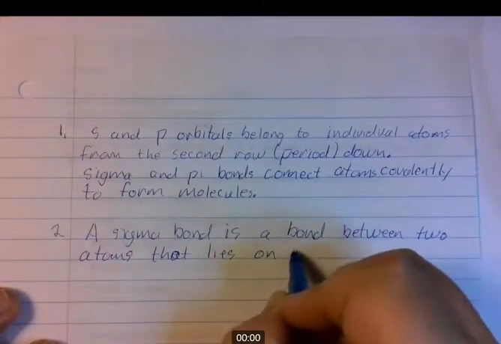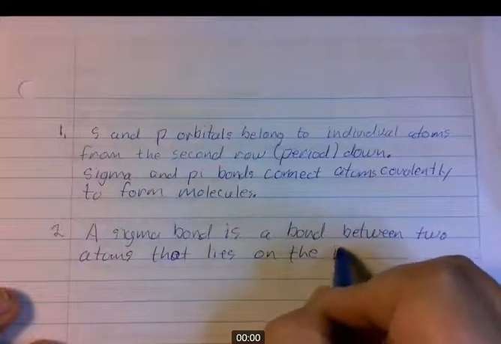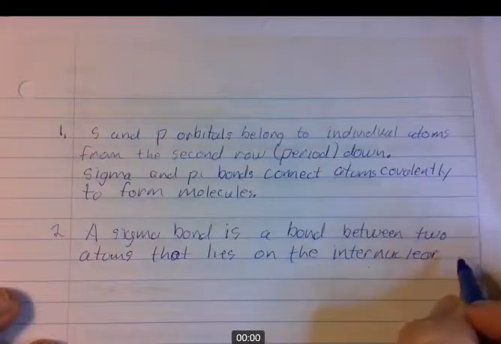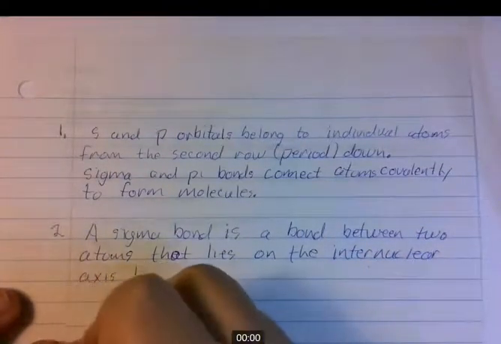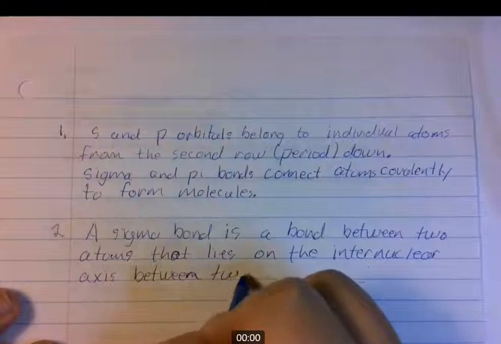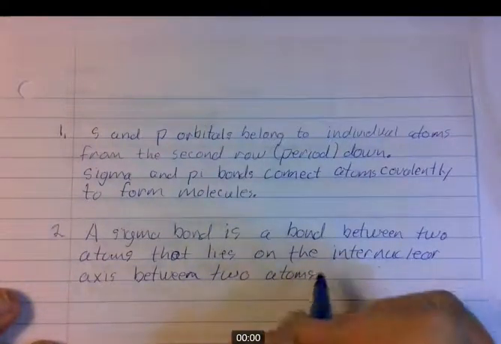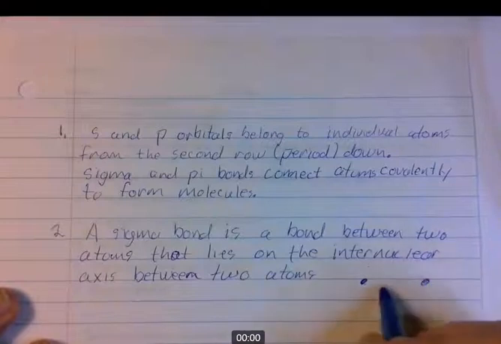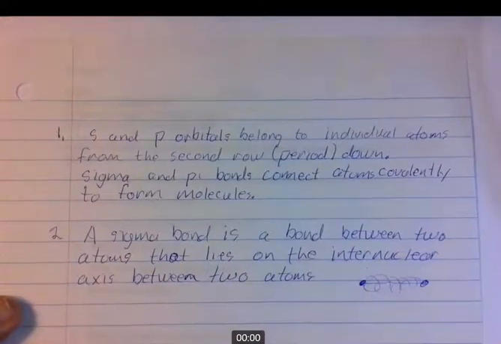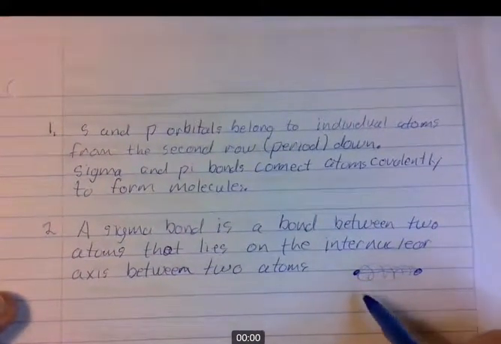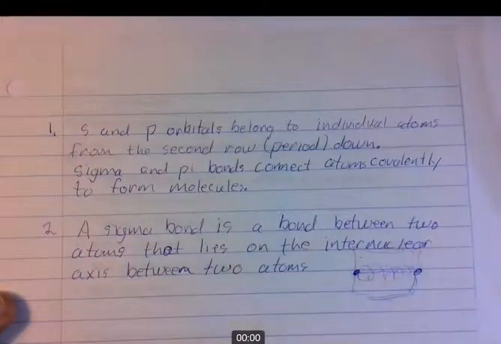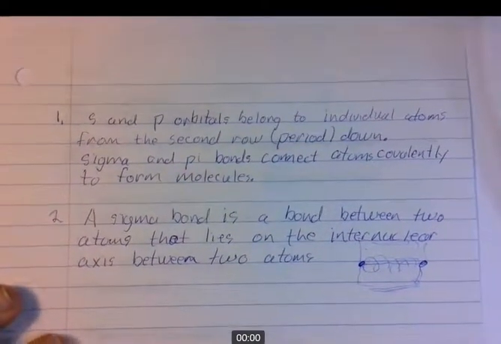And that axis is called the internuclear axis. So if this is a nucleus and this is a nucleus, and you draw a line between them, it's any bond that lies on this line directly between the two nuclei. As compared to what? Well, we're going to see in a minute, but is it compared to a bond that lies down below the two nuclei or up above the two nuclei? But if it lies right on that axis, that's called a sigma bond.